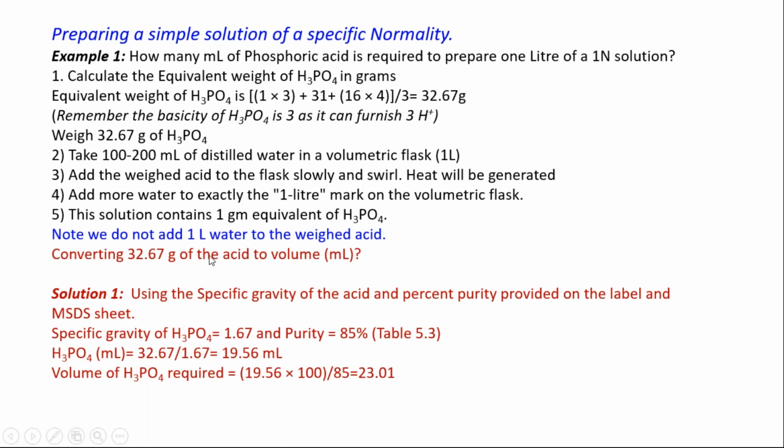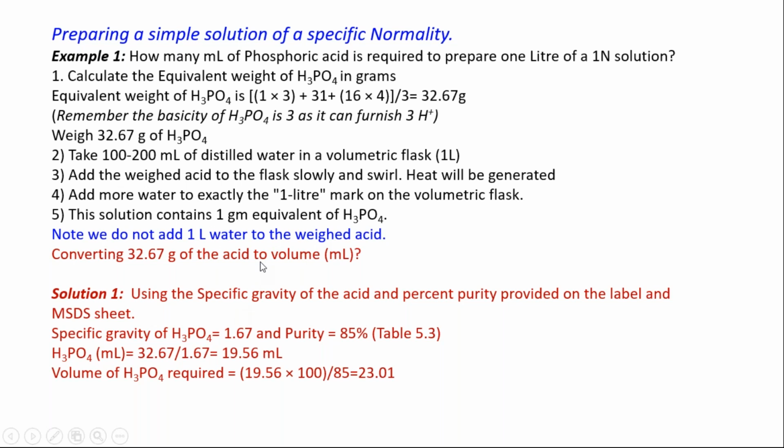This is one way of doing it. Here you are weighing the acid, that is, you're weighing 32.67 grams. Solution 2 is you can convert this 32.67 grams into volume and use the volume.